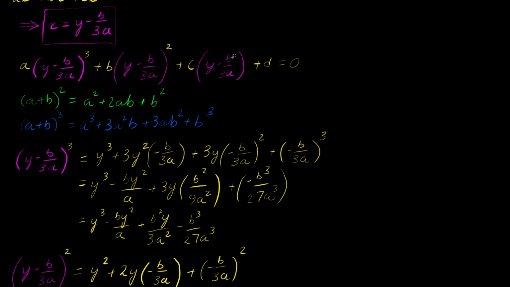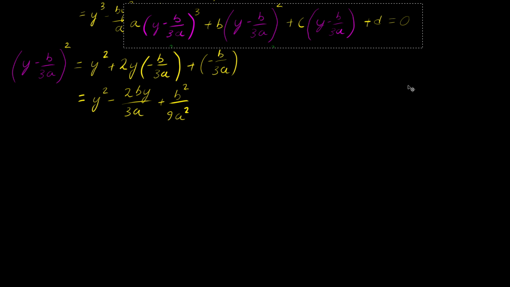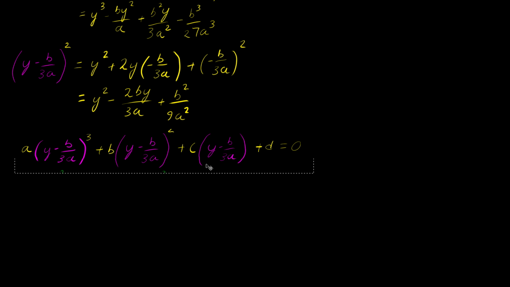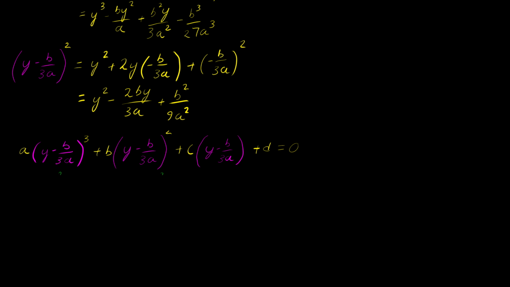So let me go ahead and copy this. I've copied that. Let me scroll down a bit. And I cut that 2 off, so let me write that 2 back in quickly. Alright, so let's replace the terms. So now we're going to get a times our y minus b over 3a cubed.